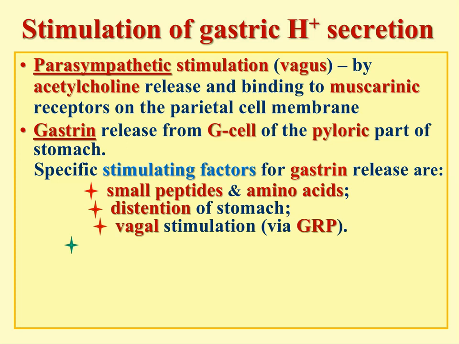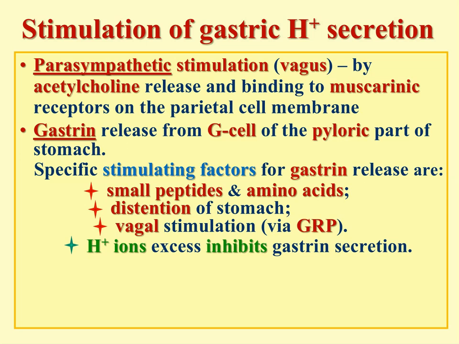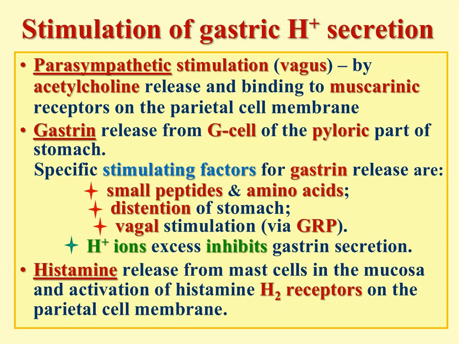And also an inhibiting factor. The inhibiting factor is easy to predict. It's a negative feedback factor. Gastrin stimulates H+ secretion, but excess of H+ ions logically should inhibit further secretion of gastrin. And really, they inhibit gastrin secretion. Histamine.